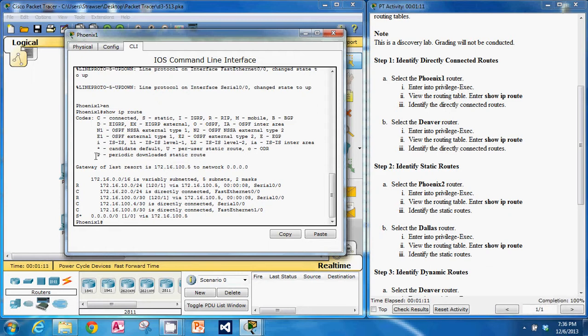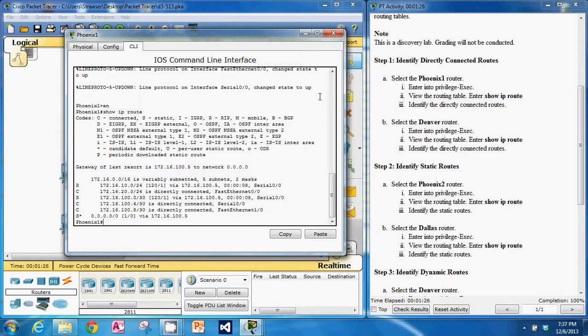You can see them with the C, the directly connected. Here's the first one here, and two more down there: FastEthernet 0/0, Serial 0/0, FastEthernet 1/0.